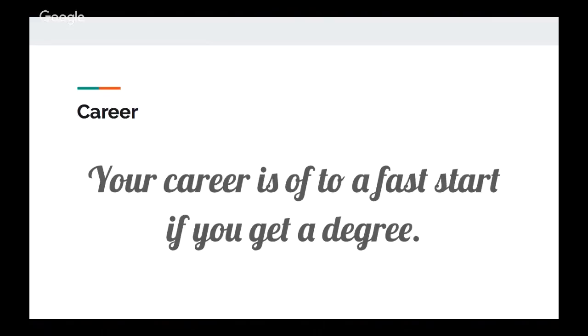Graphic designers with bachelor's degrees have a great deal of career advancement available to them because of their education, and it is because of their career advancement availability that they also have a much greater lifetime earning potential than a graphic designer with just an associate's degree.